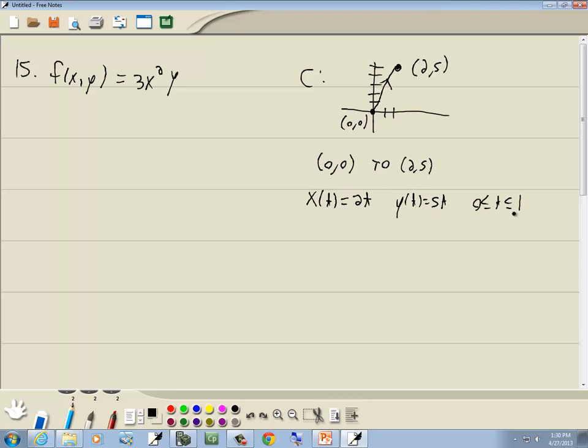Because if I put 0 in, 2 times 0 is 0, our beginning x value. If I put 1 in, 2 times 1 is 2, which is our ending x value. If I put 0 in here, we got 5 times 0, which is 0, our beginning y value. Put 1 in here, we got 5 times 1, which is our ending y value. So r is going to equal 2t i plus 5t j from 0 to 1.